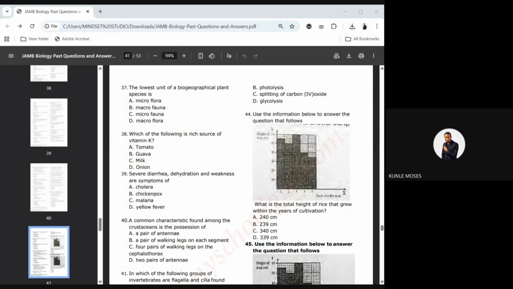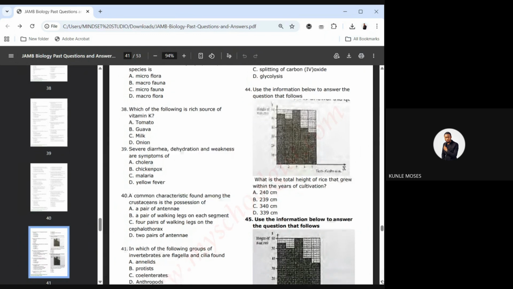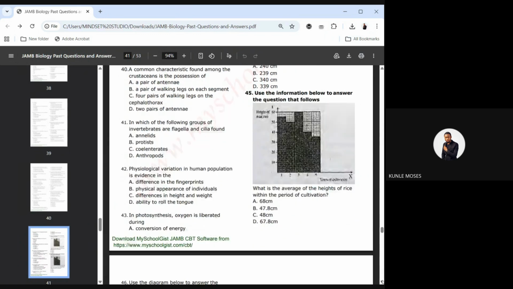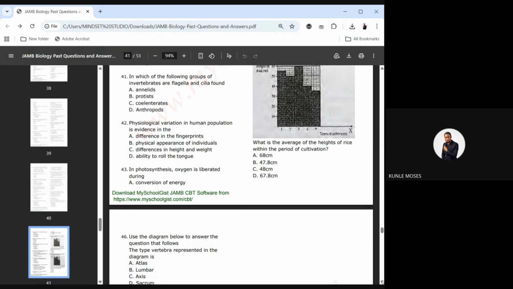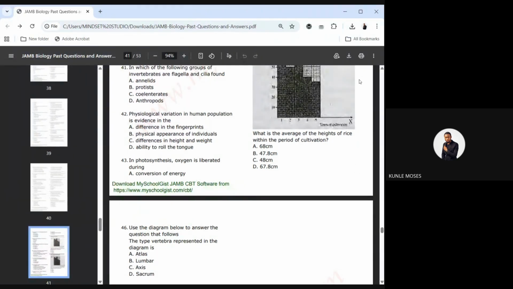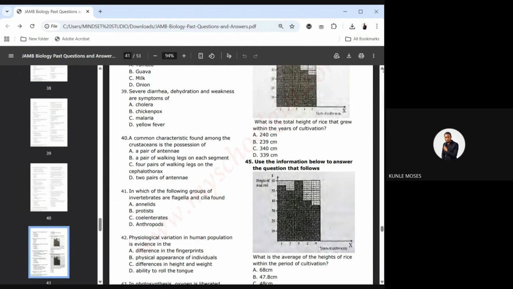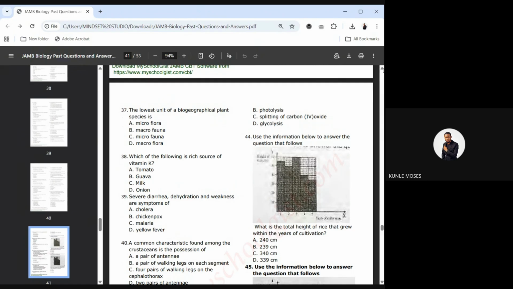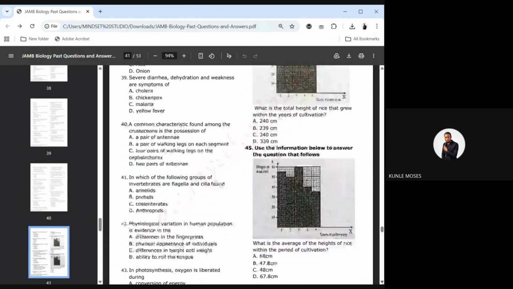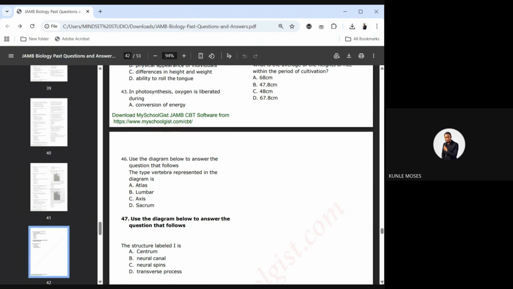In photosynthesis, oxygen is liberated during what? Is it photolysis, splitting of CO2, glycolysis, or conversion of energy?